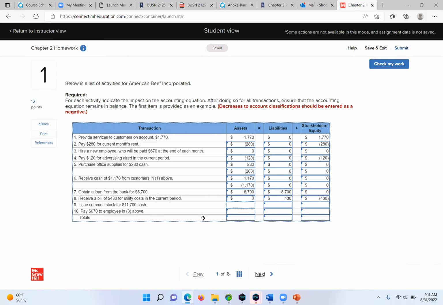We're gaining what? Cash? We're gaining cash. Exactly. Cash goes up 11,700. And what else goes up 11,700? Stockholders' equity in the form of common stock.